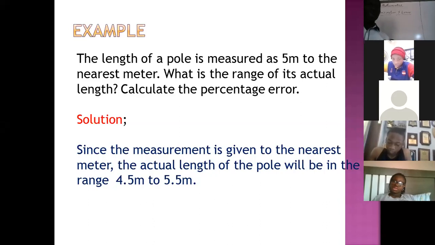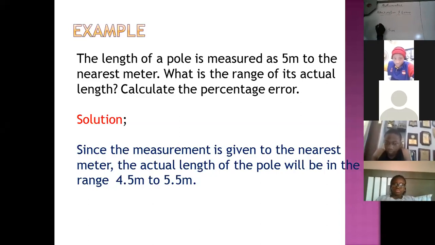It says, since the measurement is given to the nearest meter, the actual length of the pole will be in the range of 4.5 to 5.5. How do we mean? We have the length to be 5 meters.